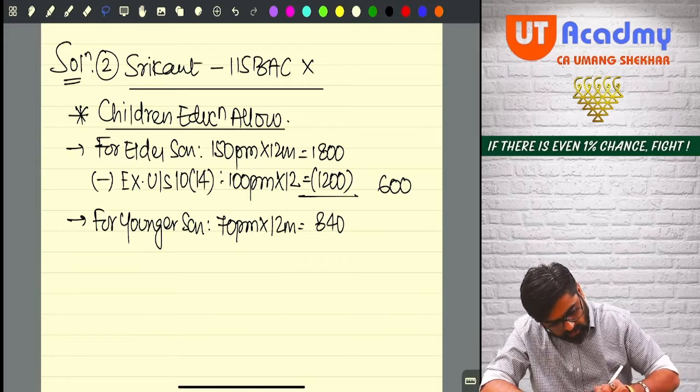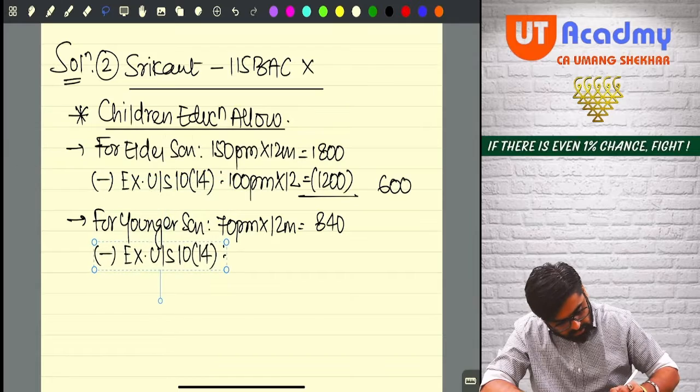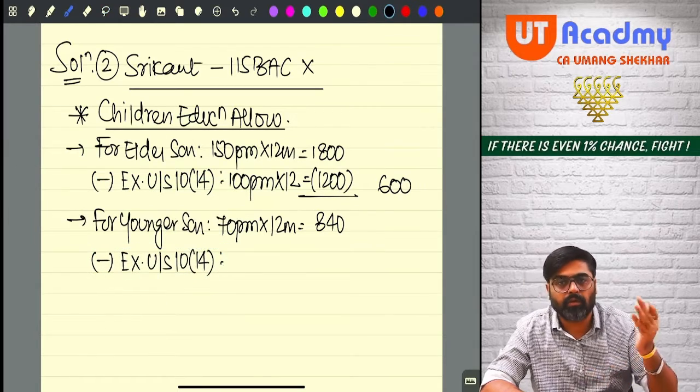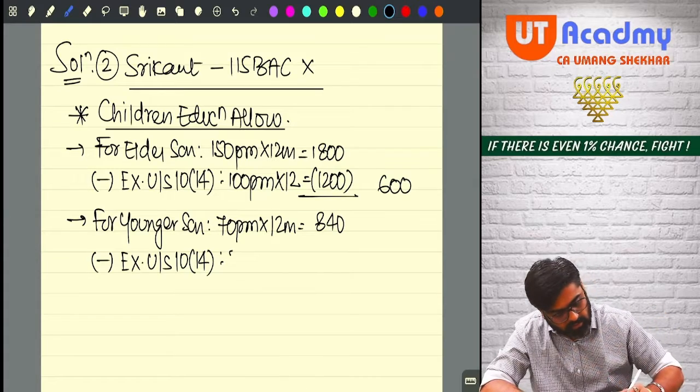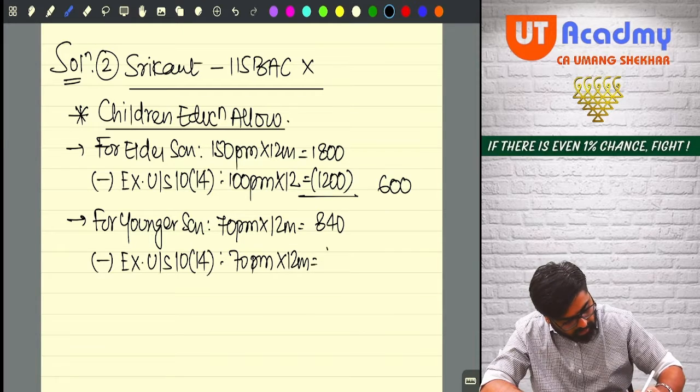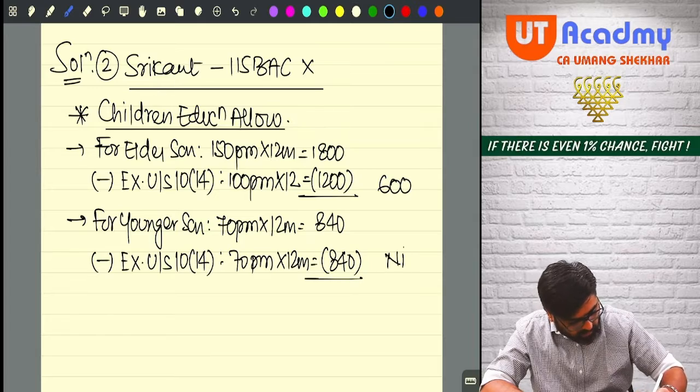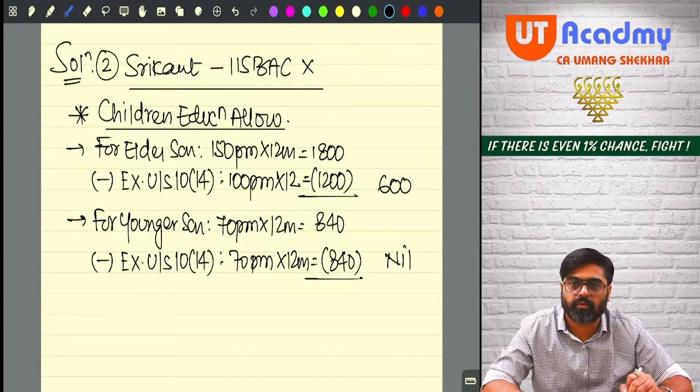And exemption will be how much? Exemption will be the entire 70, no? Because the allowance received is less than 100, so the amount received will be exempt. 70. 840. How much will be taxable? Nil. So this was children education allowance.